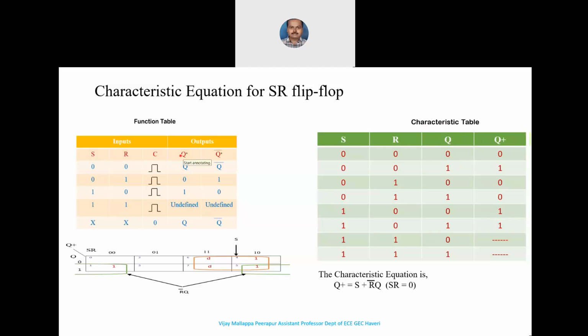Maybe if you're unable to understand the behavior of any flip-flop here, because the function is explained with respect to the previous state, here we have given binary information to the previous state, with the values as zeros and ones. Have you understood?